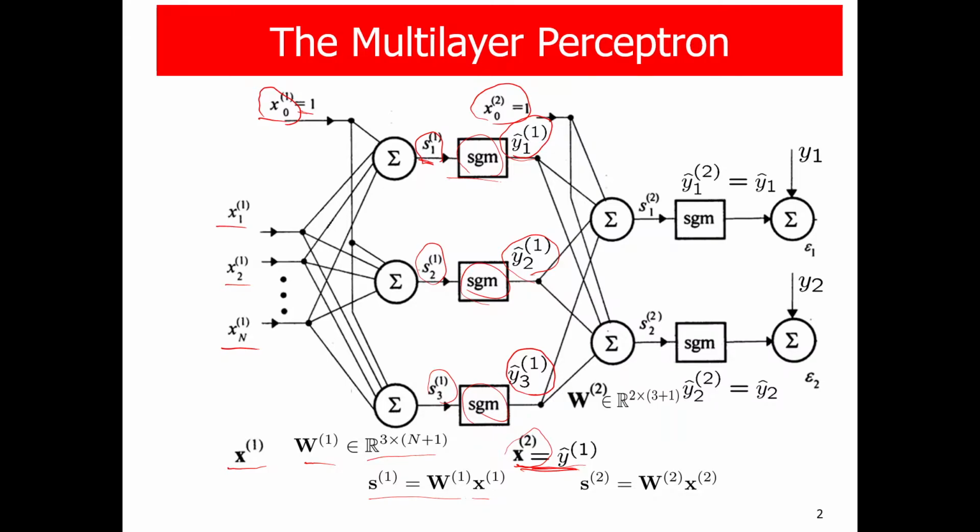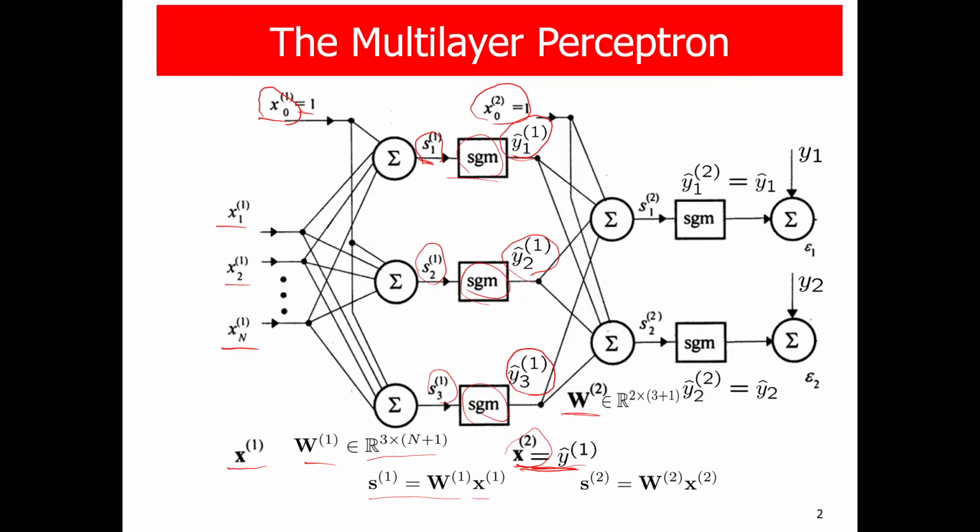Let's assume we have 2 neurons on the second layer, and this second layer will be the output layer of this neural network. First, the neurons of the second layer will calculate the linear combinations of their inputs, that is, the linear combinations of x2. The coefficients of this linear combination are denoted by W2.